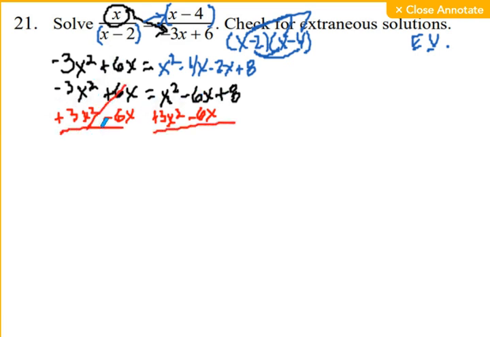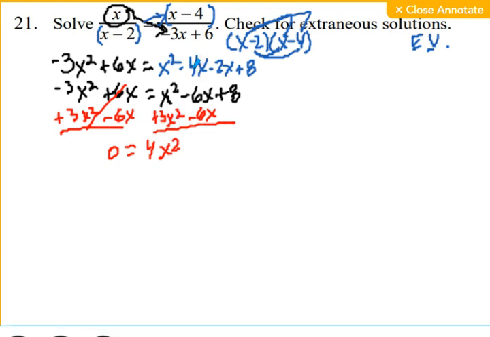So that leaves us with this side equal to 0. 3x squared plus 1x squared, that's 4x squared. The negative 6x and negative 6x, that's negative 12x. And then plus 8.